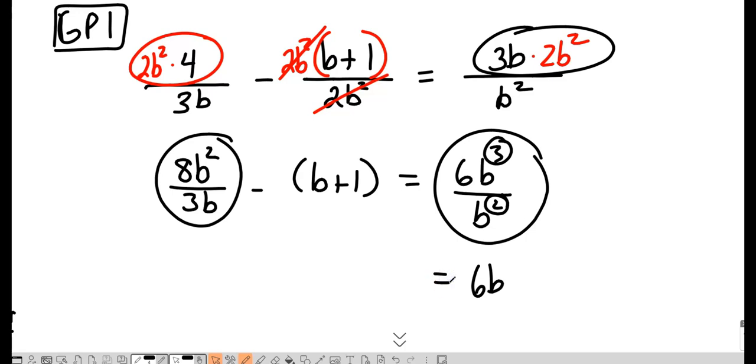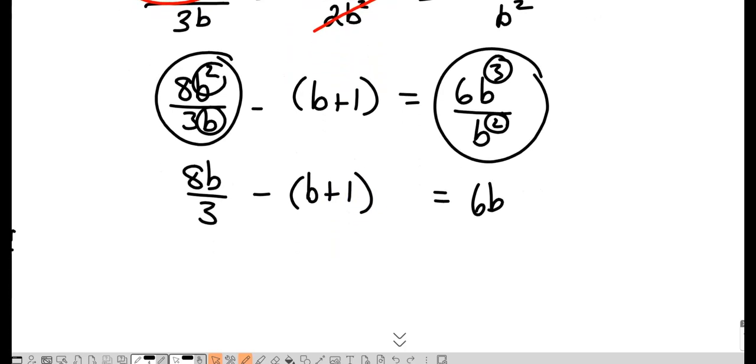All right. Someone want to volunteer for this one? 8b over 3. Basically, we have 1b on the bottom here, 2 on the top, so we just take 1b away from both of those. All right.